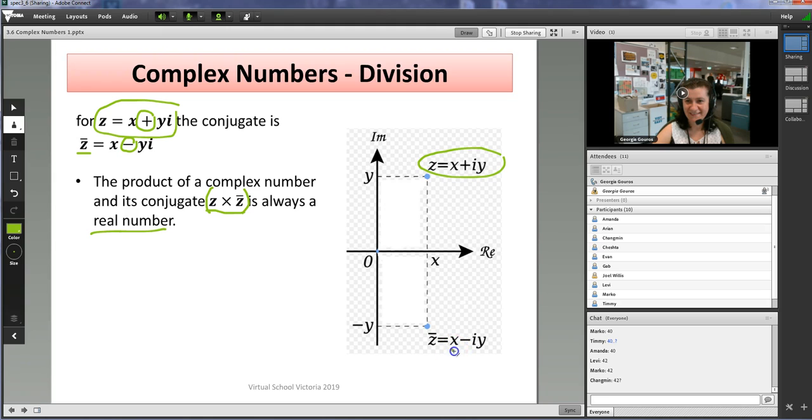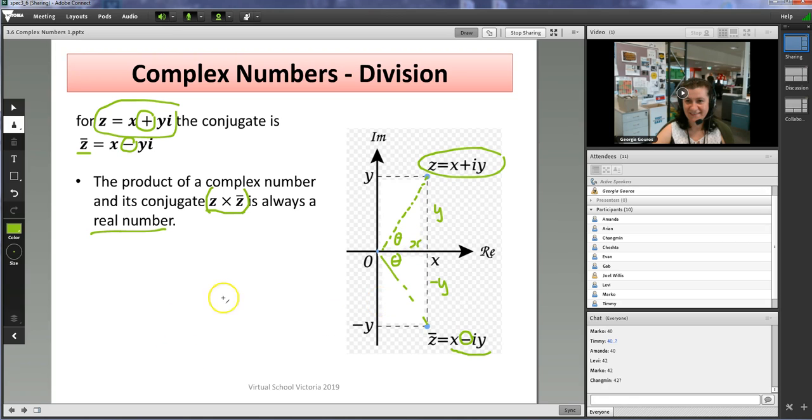By changing the sign between the real and the imaginary part, you can see it's just reflected in the real axis, and the angle it makes is going to be the same, one positive angle theta and one negative angle theta. It's the same angle because it's got the same lengths. This is y here, that's negative y, and we have x here.